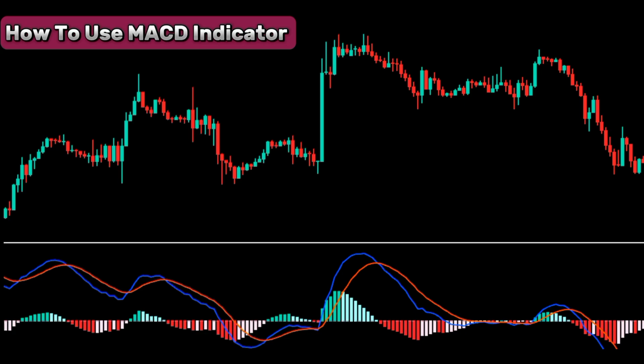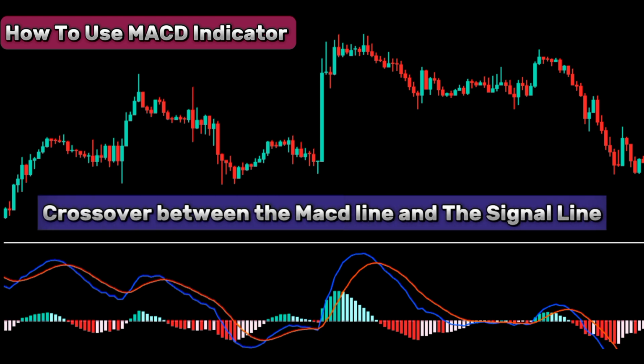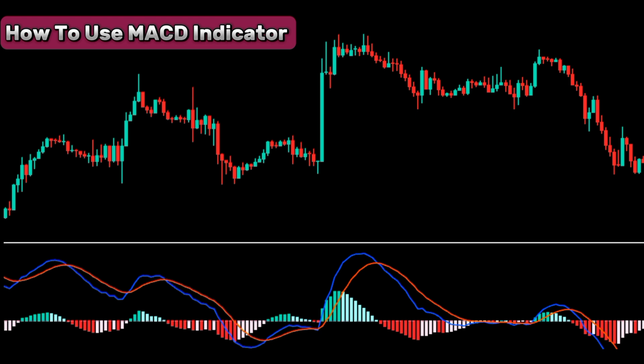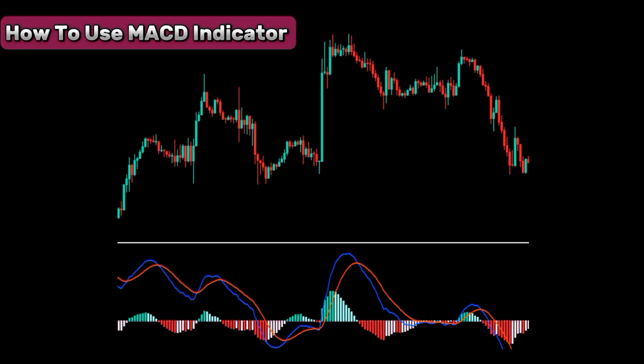As indicator traders, the main reason we use the MACD indicator is to find and understand the momentum of a market. And we are able to understand the momentum of the market through MACD when we see a crossover between the MACD line and the signal line. Let me show you an example of how we spot this.